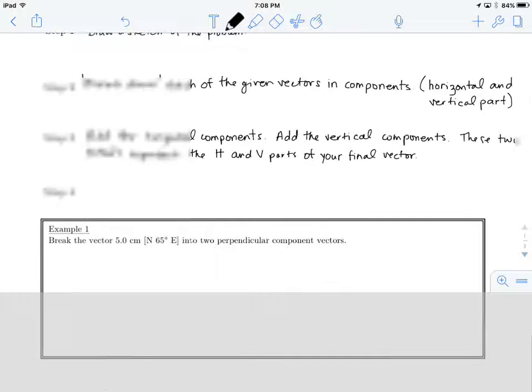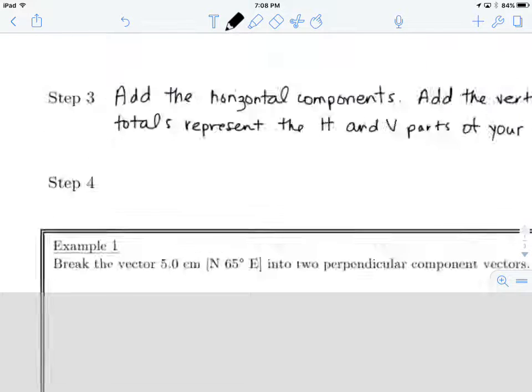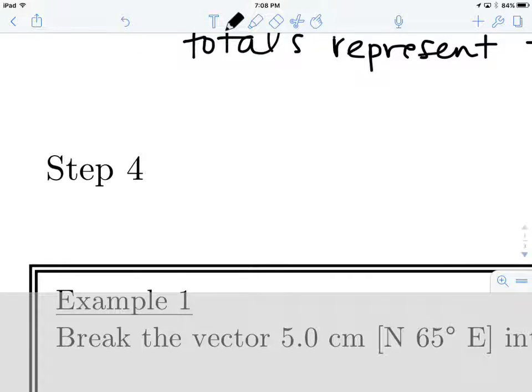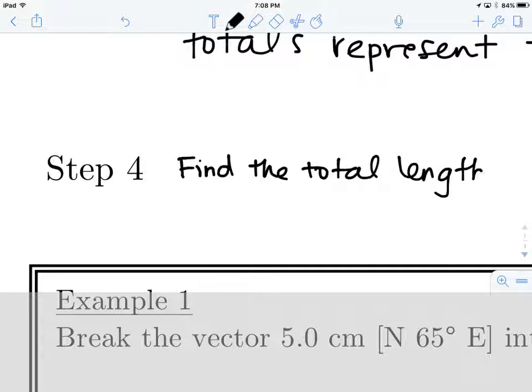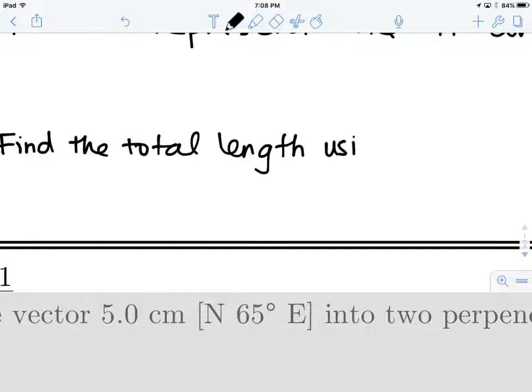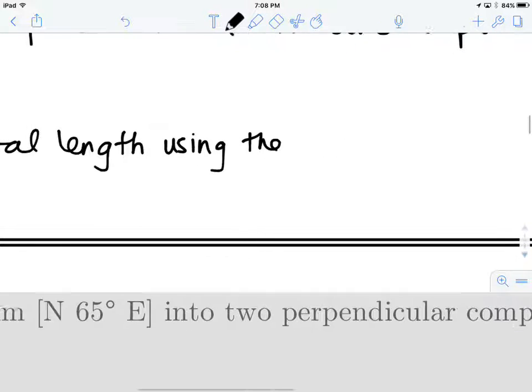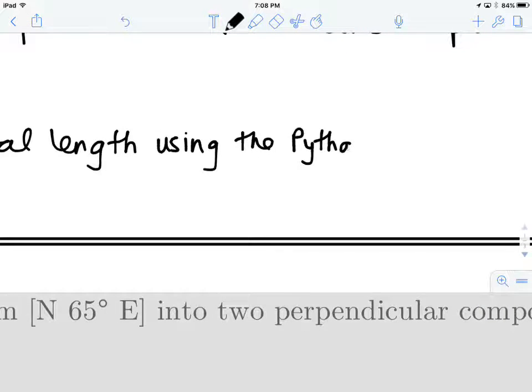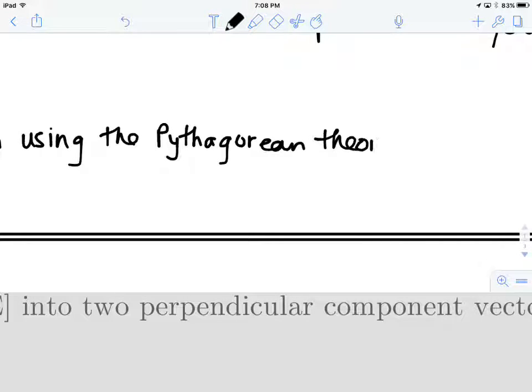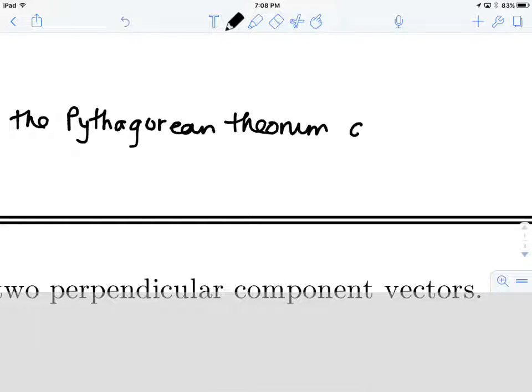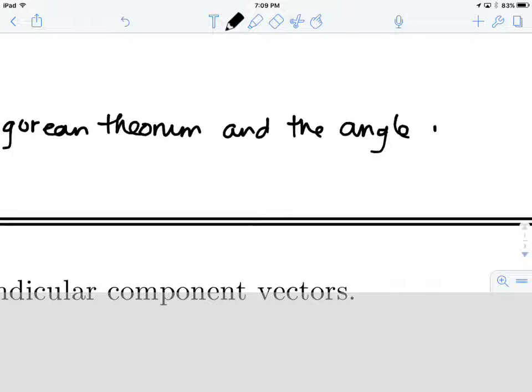Okay? And last but not least, step 4 is that now that we have an overall horizontal and an overall vertical, we find the total length using Pythagoras and the angle using trig.